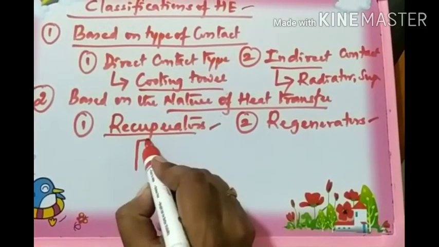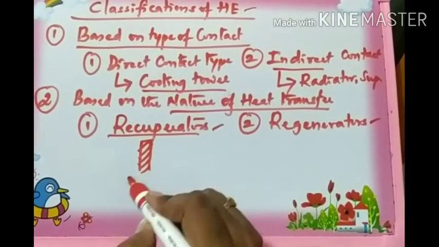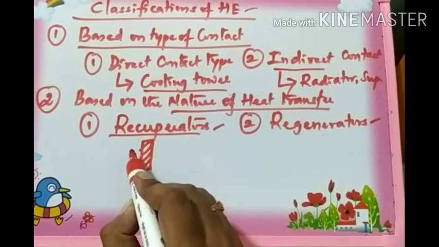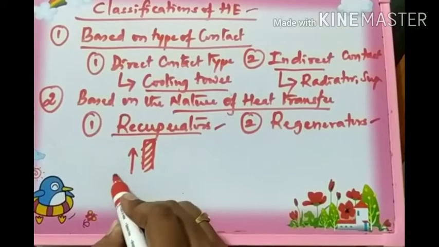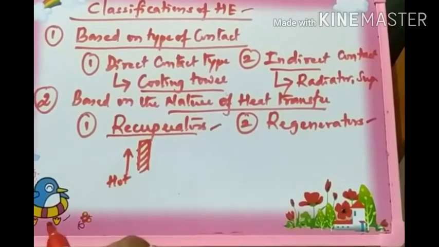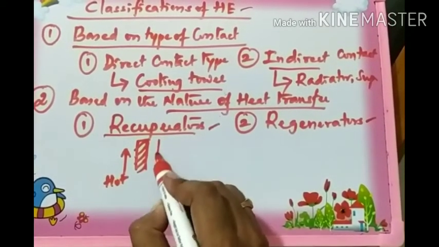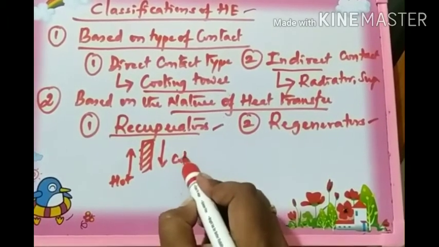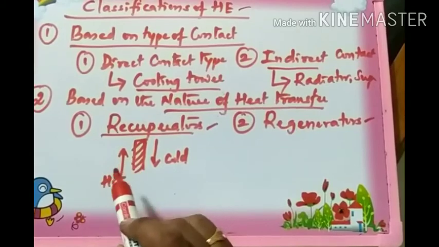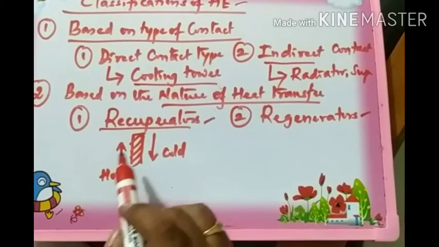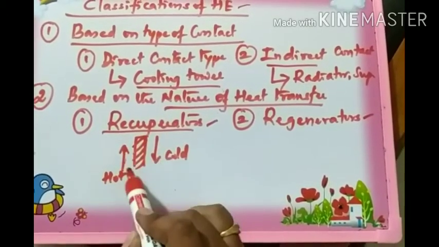Take for example, let us say this is a wall. On this side of the wall the hot fluid flows. On the other side of the wall the cold fluid flows. Note that they are simultaneously flowing but separated by this wall.